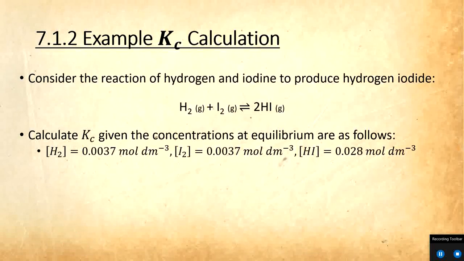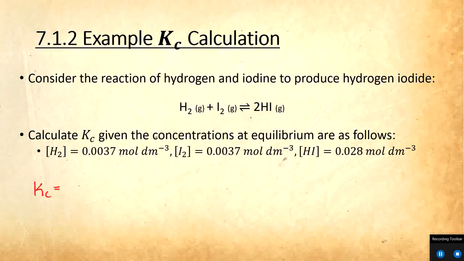Okay, so quick example. Consider the reaction of hydrogen and iodine to produce hydrogen iodide. So H2 plus I2, it's an equilibrium reaction with 2HI. Calculate the Kc given the concentrations at equilibrium are as follows. So first we have to establish our equilibrium constant expression.